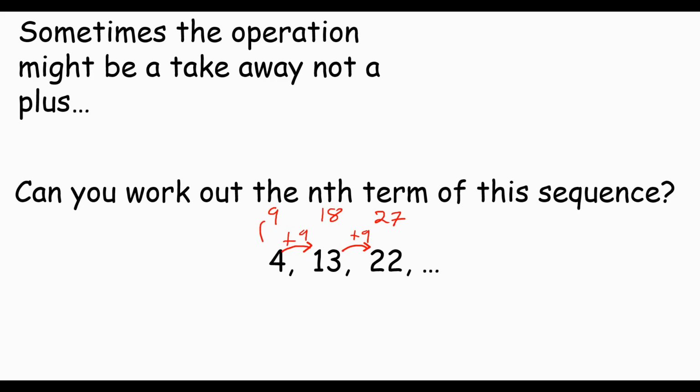To go from 9 to 4, however, we don't add. We have to take away 5. 18 to 13, take away 5. 27 to 22, take away 5. So the nth term is 9n, because we're adding 9 every time. But then we're subtracting 5 from the 9 times table. So it's going to be 9n, take away 5. That's going to be the nth term rule.